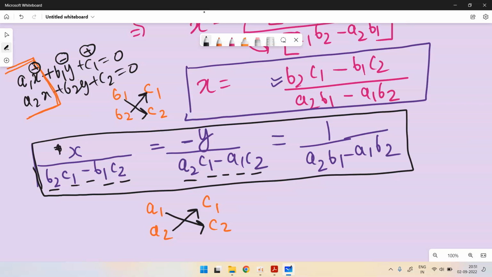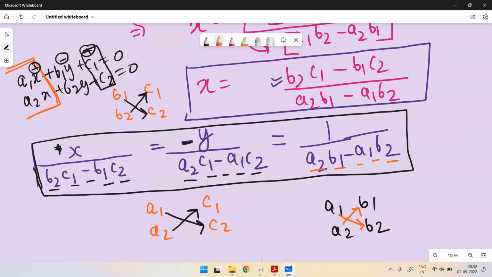For y you have taken the minus sign here, and then the constant term. Now for the value of the constant, you need to forget the constant also. So it is written as a1 b1 a2 b2. Now again you cross multiply. For the constant I am doing a2 b1 minus a1 b2.